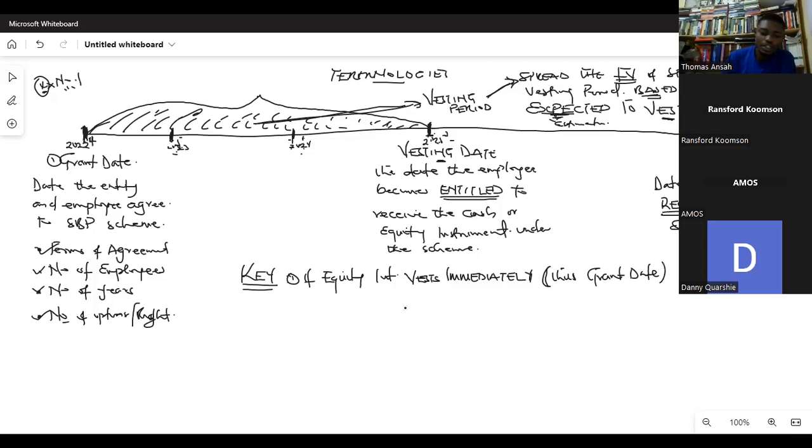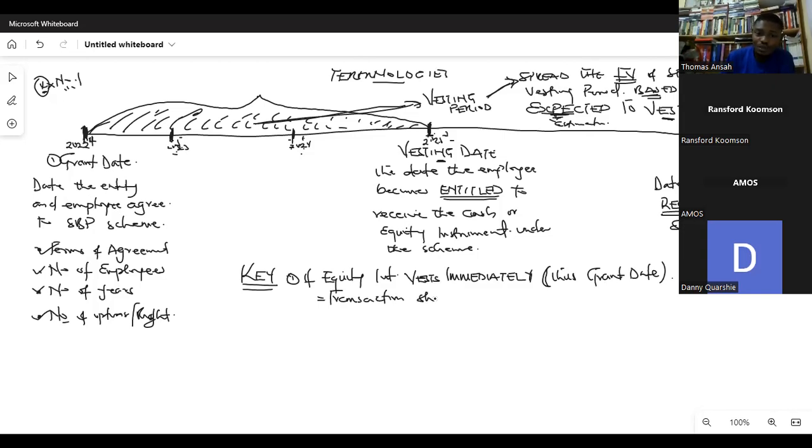All right. So what we are saying is that if the vesting date is equal to the grant date, the date that we are making an agreement, or is unconditional, then the transaction should be accounted for at the grant date.